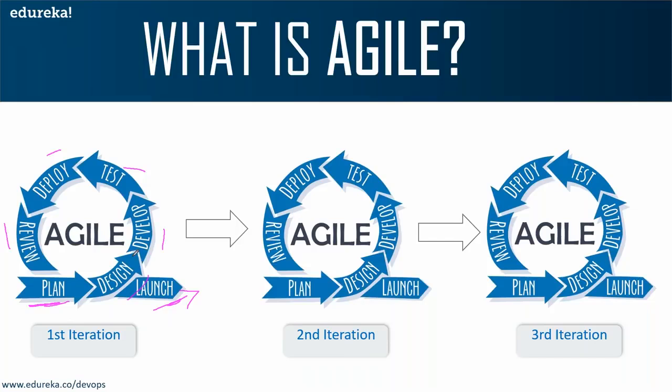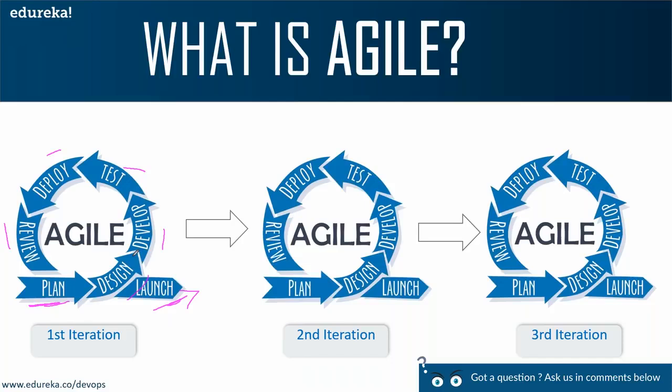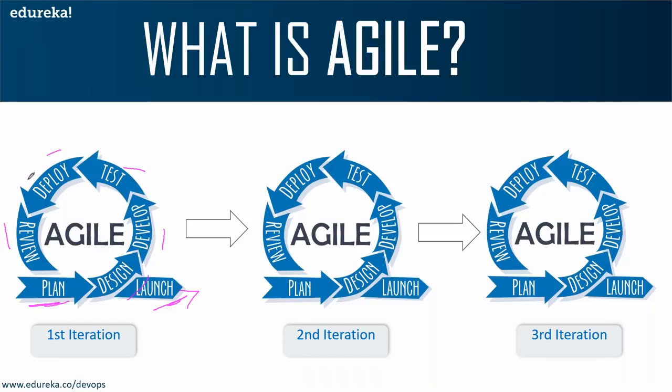Imagine if you had to wait for 1 month or 2 weeks just to get feedback on whether you really want that change or not. That could be a little annoying or frustrating from the developer's point of view. So that's the first aspect of Agile. You plan, you design, you develop, you test, you deploy the changes, and then you review the changes before you actually launch them into production.